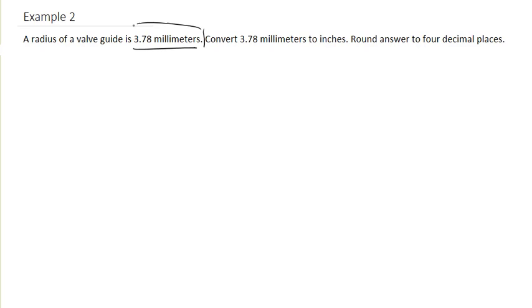So we have 3.78 millimeters, and we need to get it to inches. So we know millimeters is in our metric system, and we need to get to inches. So we can first convert from millimeters to centimeters.